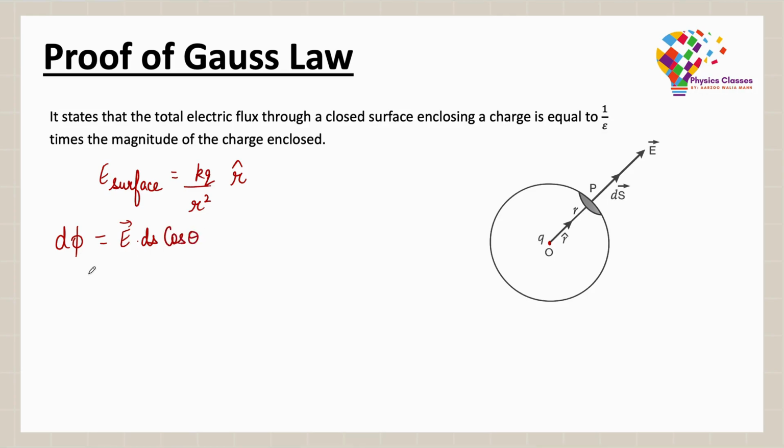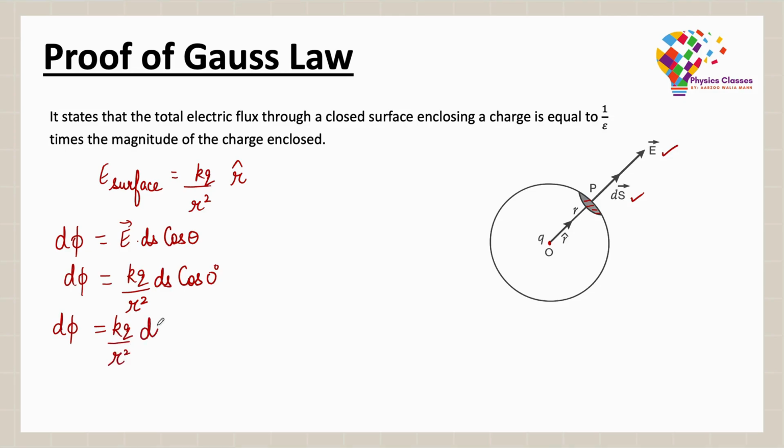From the above expression, I know that my electric field is kq/r². dS is simply the area of the small part for which I am writing the flux, and later on I can integrate it for the whole part. Theta in this situation is going to be 0 degrees because my electric field and the area vector make 0 degrees with one another. Cos 0 is 1. So from here my dφ simply comes out to be kq/r² times dS.